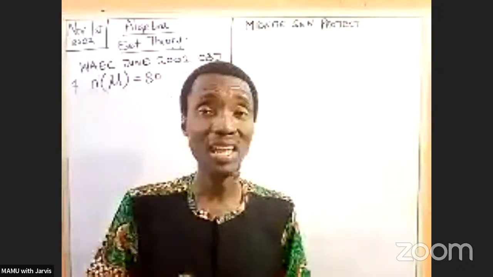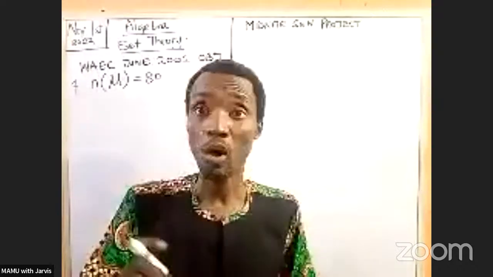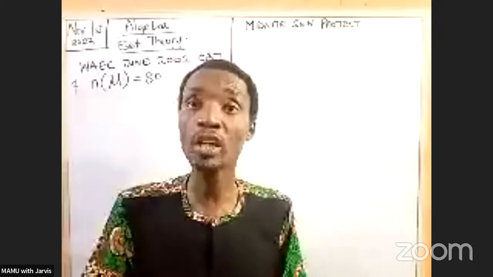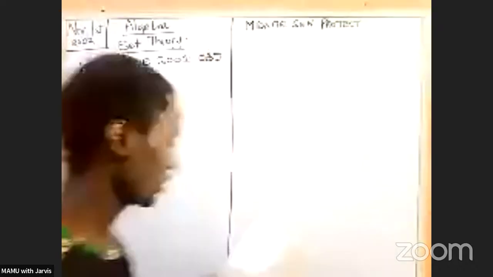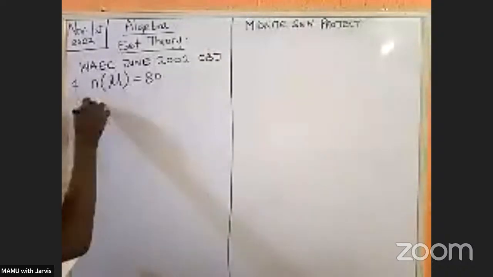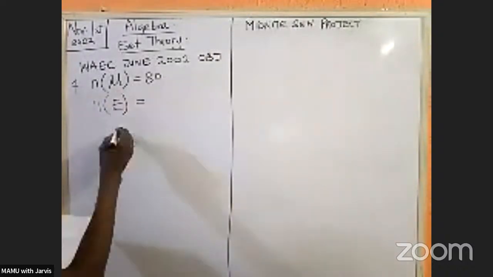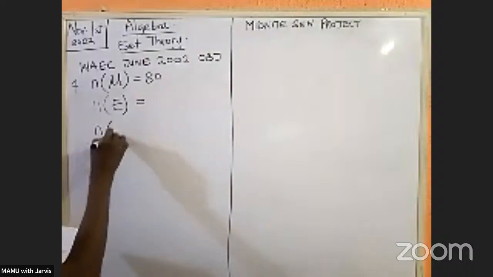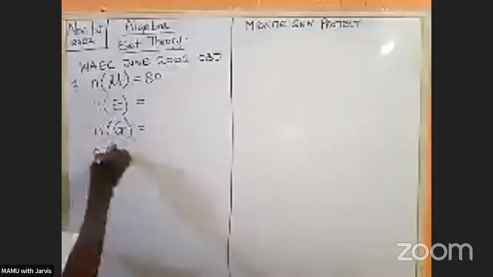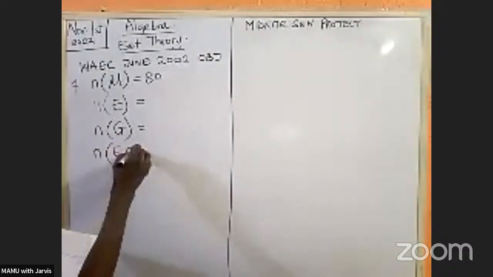It means that some of the students are offering economics, offering geography, or offering both, right? So the number of economics, we need to determine that number, the number of both, that will be economics intersection what?